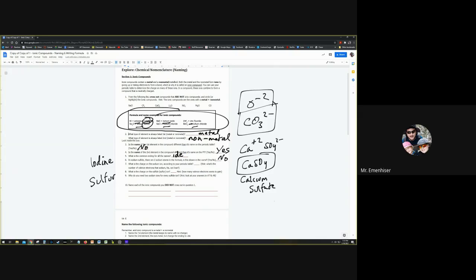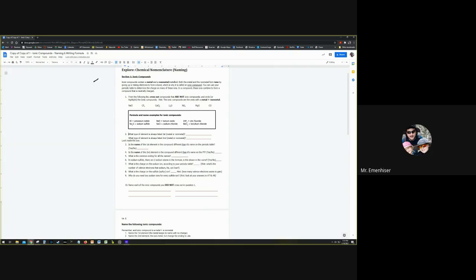What is the charge of the sodium ion? Sodium is always a +1, just like hydrogen. What is the charge on the sulfide ion or the sulfur ion? It's a -2, just like oxygen. Why do you need 2 sodium ions for every sulfide ion? Well, sodium is a +1. Sulfide is a -2.